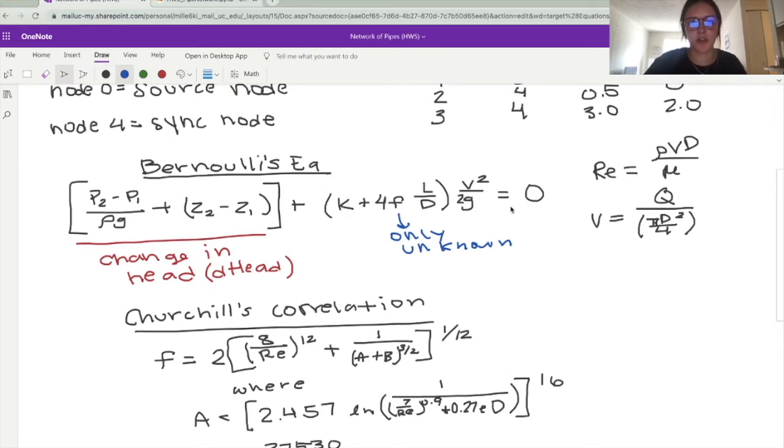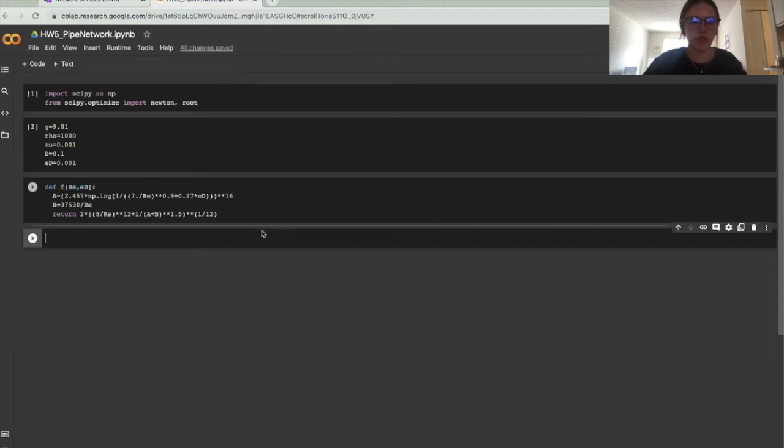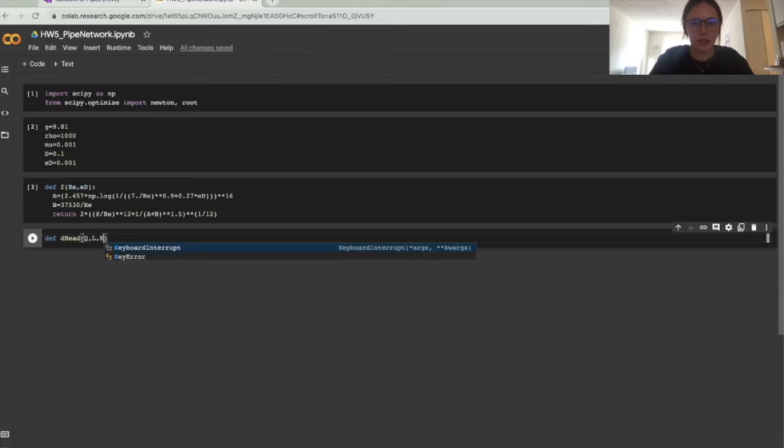So if we move this to the other side of the equation, we would have a negative of this value. So we're going to define another function, and we're going to call it d head because it's the change in head, so that represents delta head. And our inputs are Q, L, K, D, and ED.